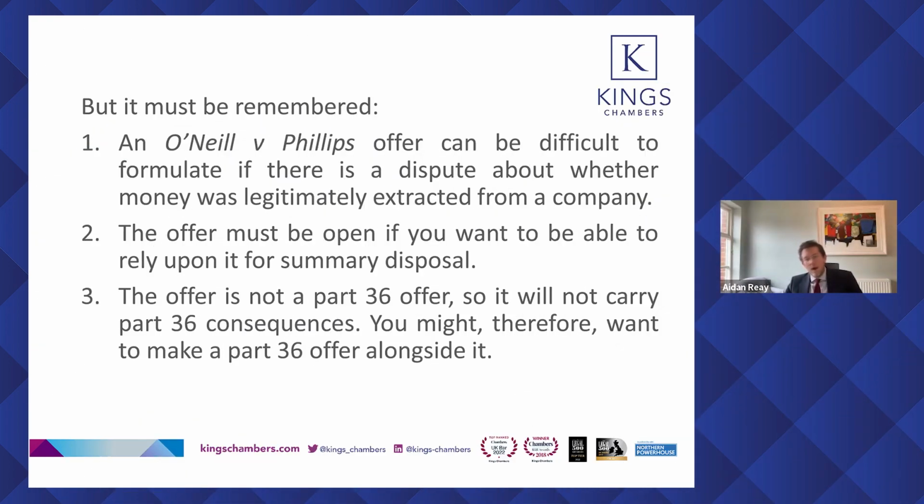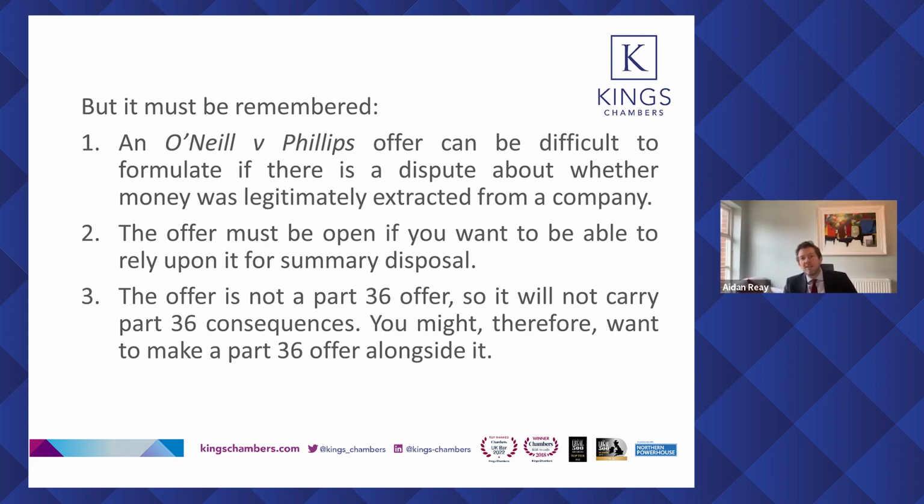But why are all unfair prejudice petitions not settled by O'Neill and Phillips offers? Well, one of the first things is that it can actually be difficult to formulate it if there is a dispute about whether money was legitimately extracted from the company, or if there are allegations of breach causing loss to the company.